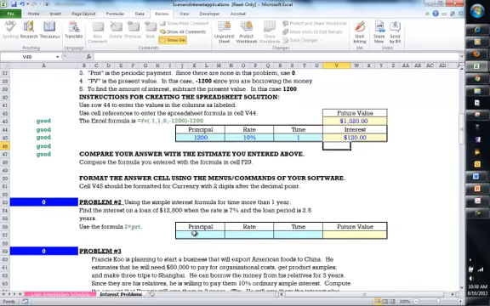Next one. So we have $12,800 at 7% for 2.5 years. So for the future value, we would just do interest.